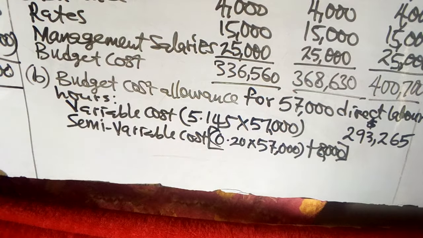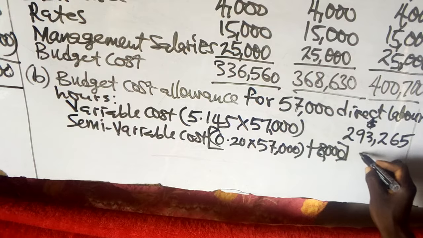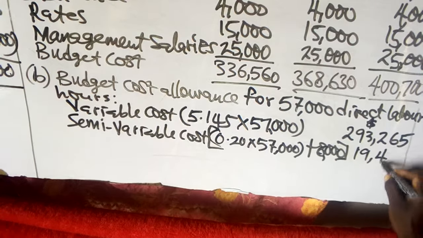So 57,000 times 0.2 gives the variable cost of 11,400, plus fixed cost of 8,000, then we have 19,400.